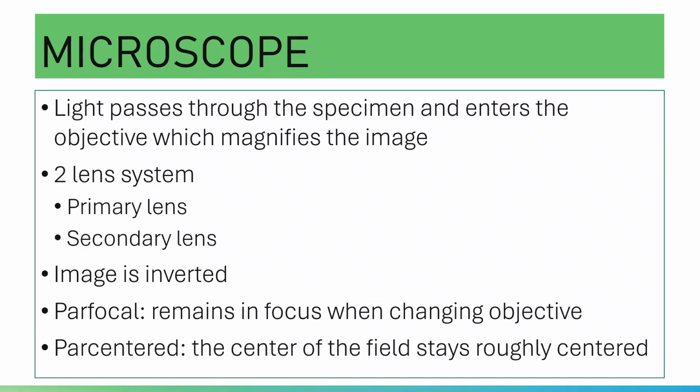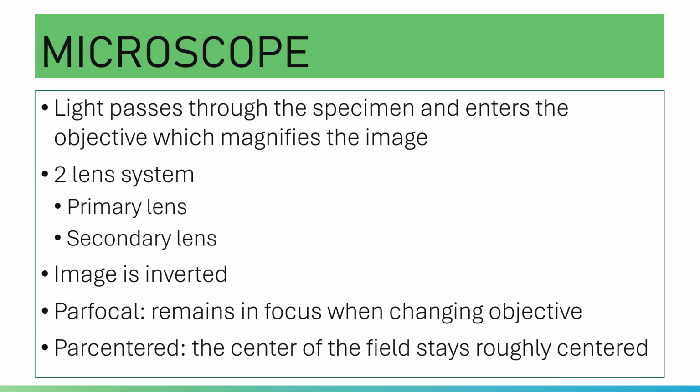Yes, let's take a look at the path of light in the compound microscope. First, the light coming from the illuminator, or the light source, passes through the specimen and enters the objective, which magnifies the image, and the image is further magnified by the eyepiece lens. Please note that your compound microscope has a two-lens system.